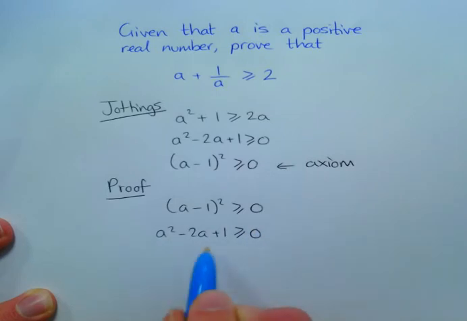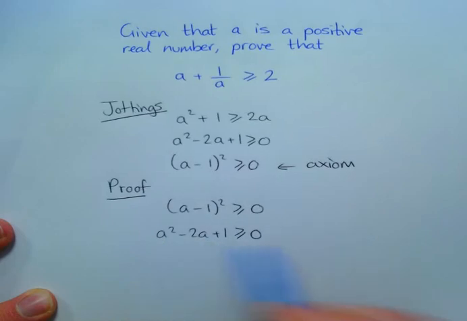And you can see here, we're trying to get it back to there now. So what would we do here? If I divide by a, I would get a squared divided by a, 2a divided by a.